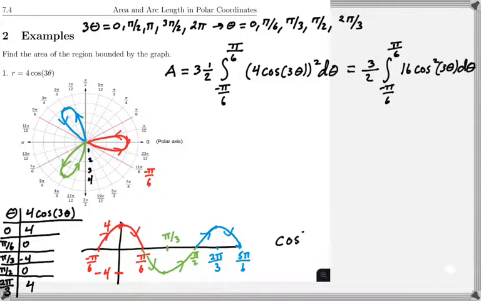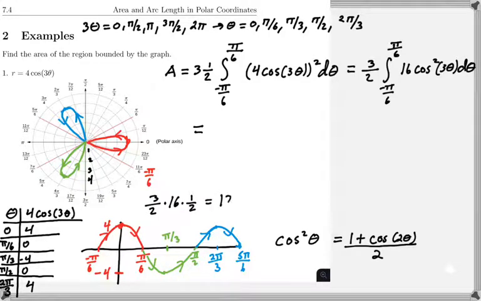We're going to go ahead and use a power reducing formula. Cosine squared of theta is equal to 1 plus cosine of 2 theta all over 2. Notice that your angle gets doubled, so the cosine of 3 theta will be doubled to a cosine of 6 theta. All right, so 3 halves times 16, and then times 1/2 from the power reducing formula, is going to give us 12.